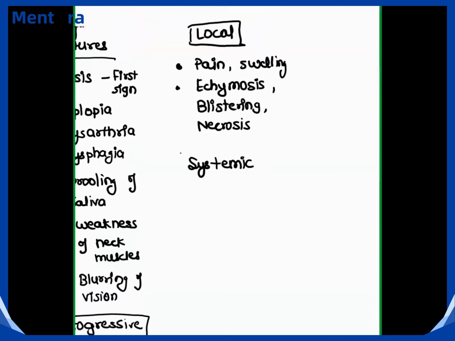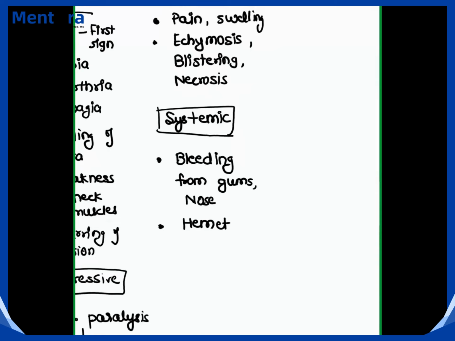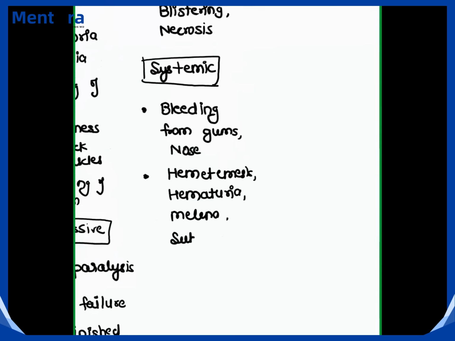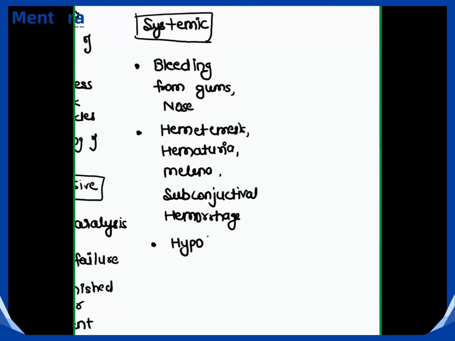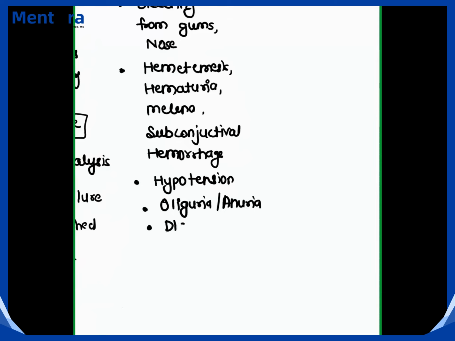And the systemic features: bleeding from gums, nose, hematemesis, hematuria, melena, subconjunctival hemorrhage, hypotension, oliguria or anuria, and ultimately DIC.